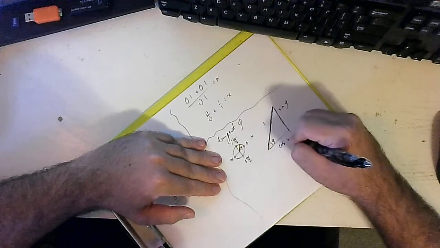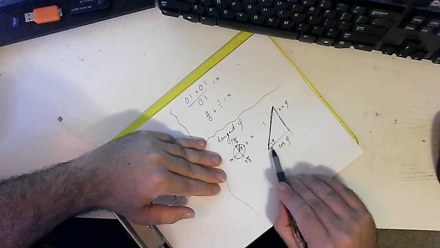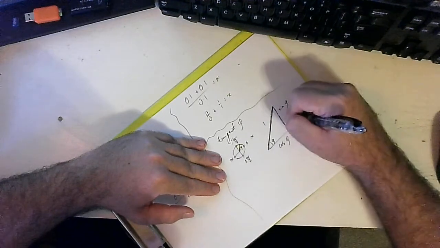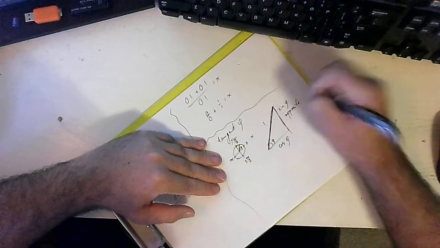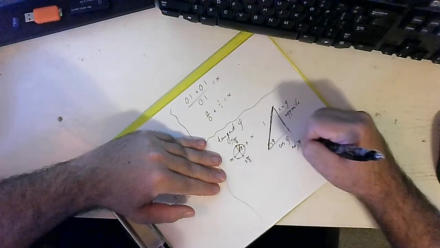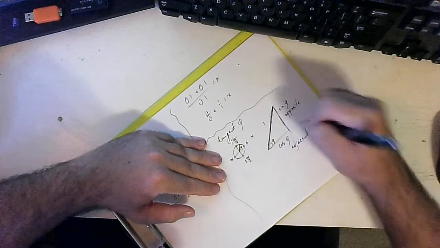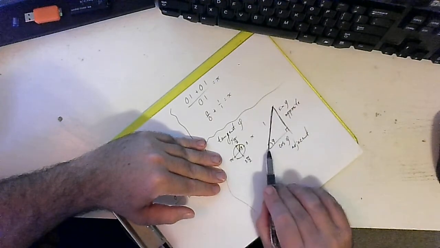This is the cosine of phi. Or, relative to the angle, this is the opposite side. And relative to the angle, this is the adjacent side. And this angle over here is 90 degrees.